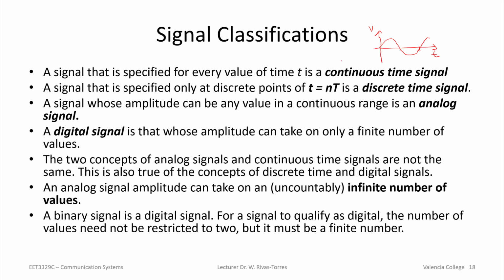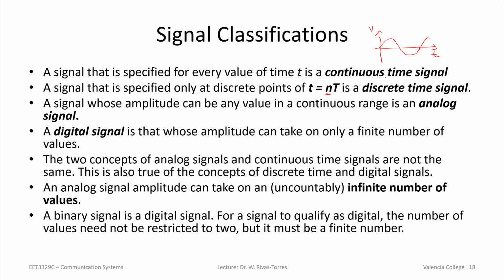Now, a discrete signal only exists at certain n values, and here is an integer times t, where t is some interval that we define, right? This t is not associated with the period of the signal. It's more associated with the sampling time.